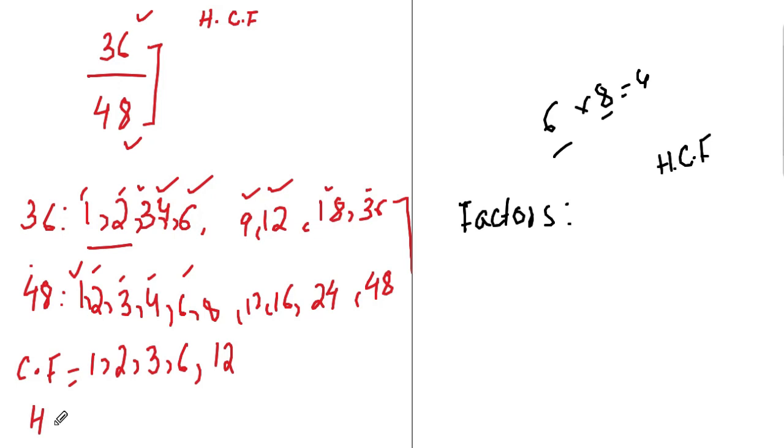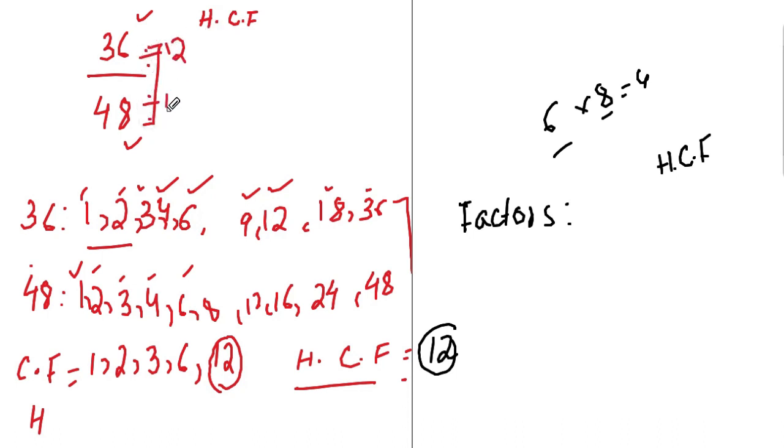But what about HCF? HCF will be equal to 12. Why? Because this is the highest common factor. So we need the highest common factor, which is going to be 12. Now what you need to do with this 12? You have to divide your fraction by your HCF.